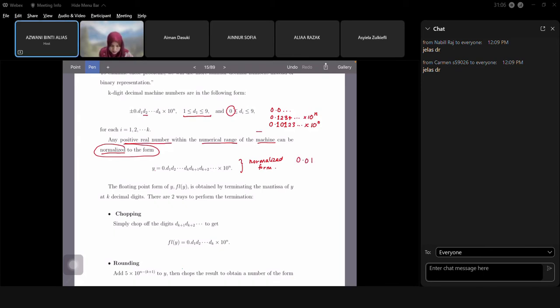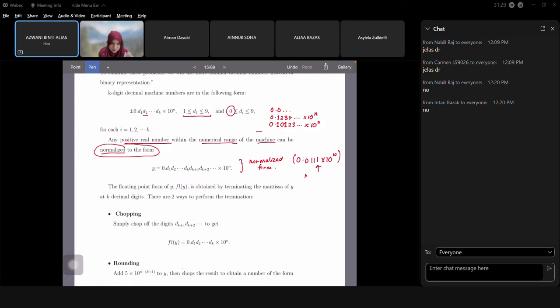0.0111. Okay. Adakah this form merupakan normalized form? 0.0111 multiplied by 10 to the power of 10. Ni normalized form ke tak? Not.